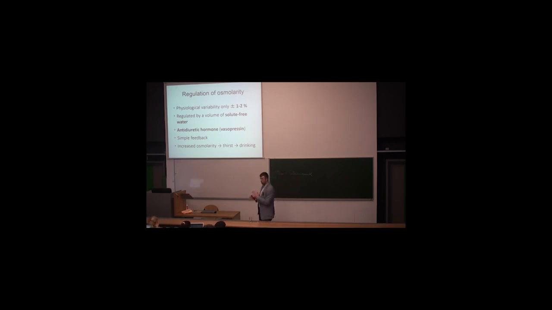And especially the osmolarity has quite a big impact on its secretion, and the modifications of antidiuretic hormone secretion are, as you see, modified even by very small changes of osmolarity. So the osmolarity is really strictly regulated, and what you regulate is the movement of free water.